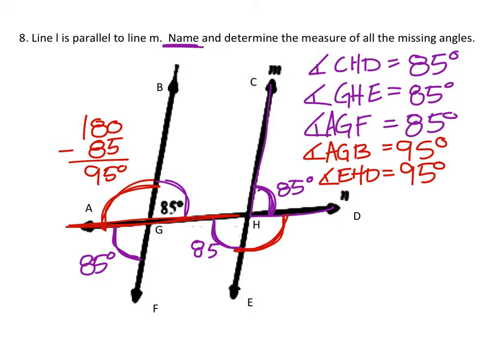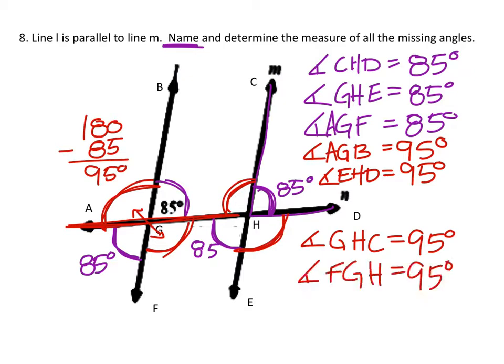And its corresponding angle, this one right here, angle GHC, would be 95 degrees. And then finally, we got this angle here, angle FGH. Since it's vertical with angle AGB, it also would be 95 degrees.